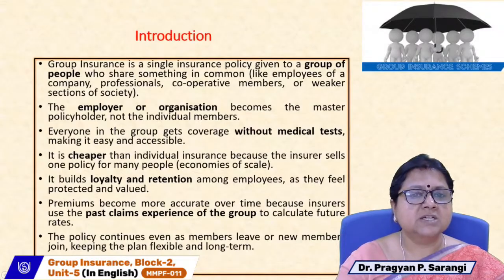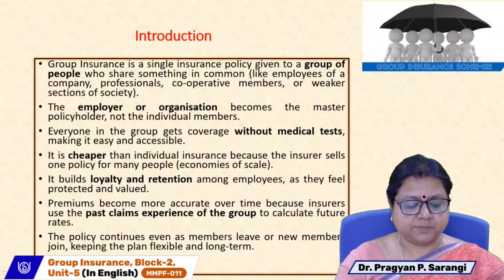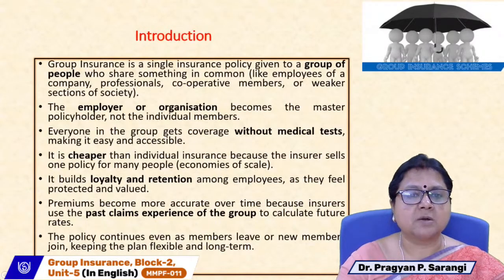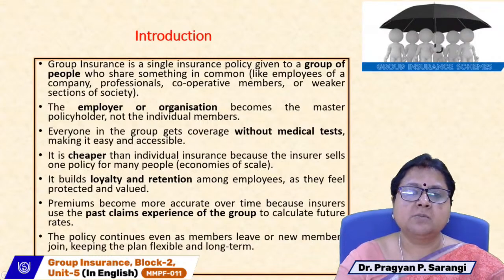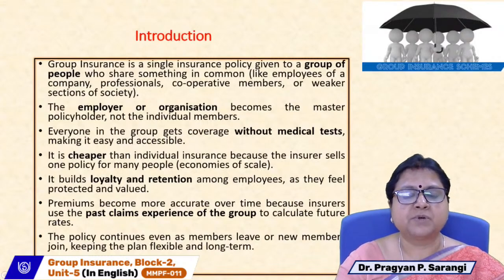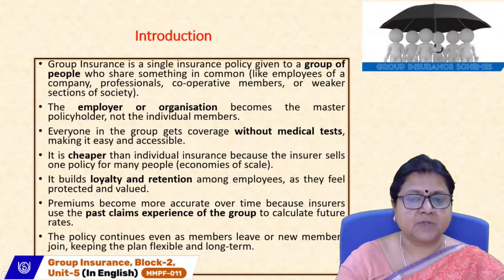So group insurance is a single insurance policy which is given to a group of people who share something in common. Suppose a few of us are the employees of one company. Then that means we are the employees of that XYZ company. So we are in connection. Each one of us is in connection with one particular objective or purpose of serving that company.